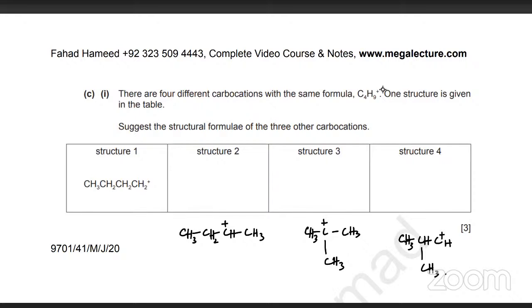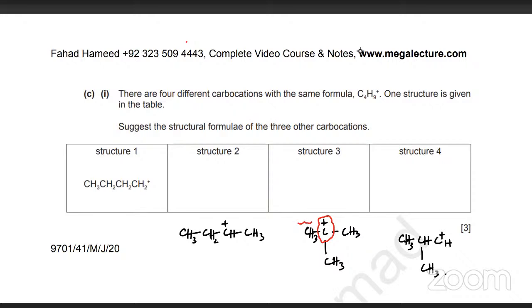Can you tell me which of these carbocations is the most stable one? Which one has the lowest charge density? The third one, right? Okay, so the third one is going to have the lowest charge density. The reason for that is that you've got electron donating groups.